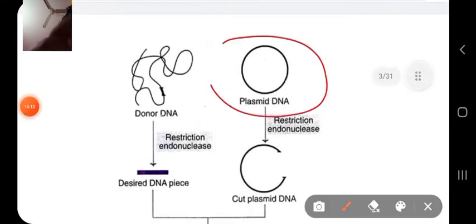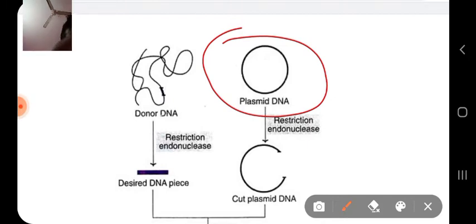Here, in simplified form, I have drawn the plasmid in the form of a circle. So for achieving this, it is first important to isolate the desirable gene and insert that gene segment, or segments if you want to insert more, into a suitable vector.